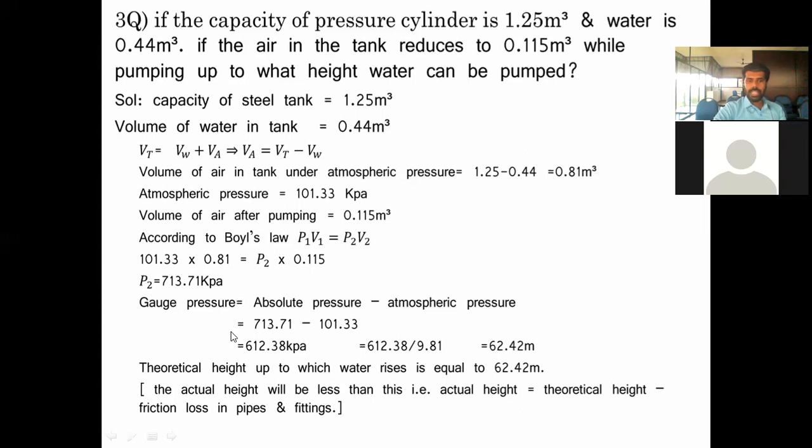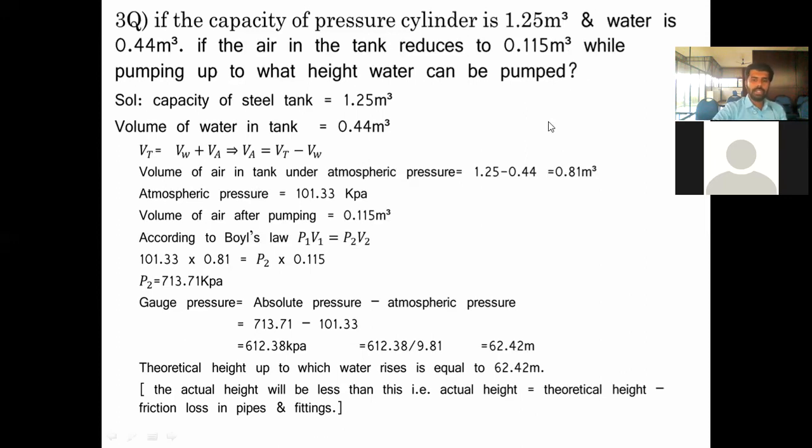So if you divide the gauge pressure by 9.81, you'll be getting its head. Dividing by 9.81 converts the kilopascal into meters.